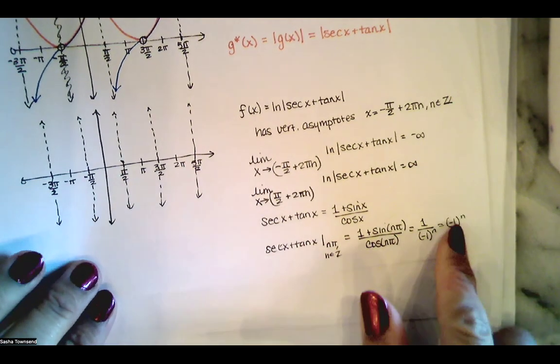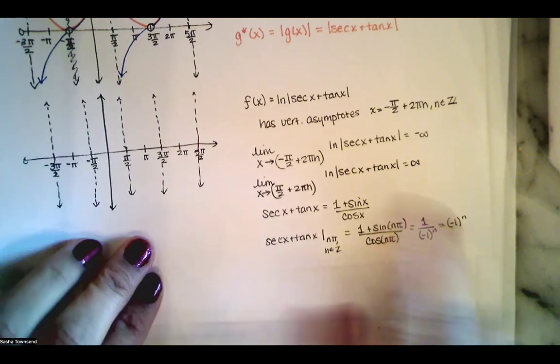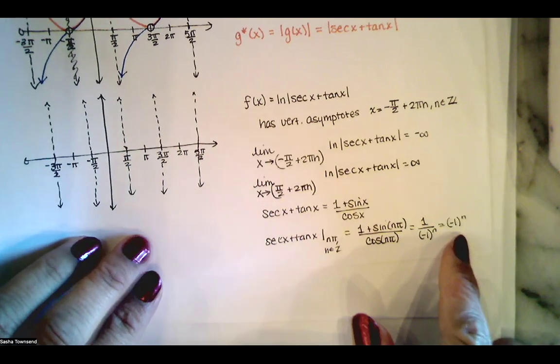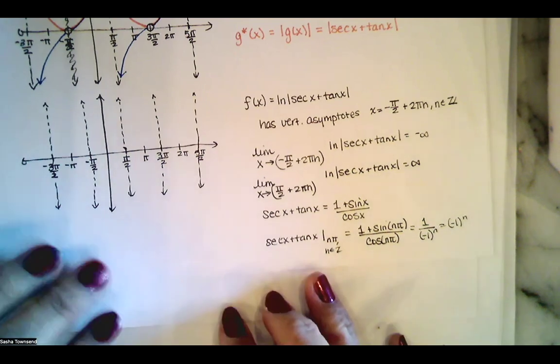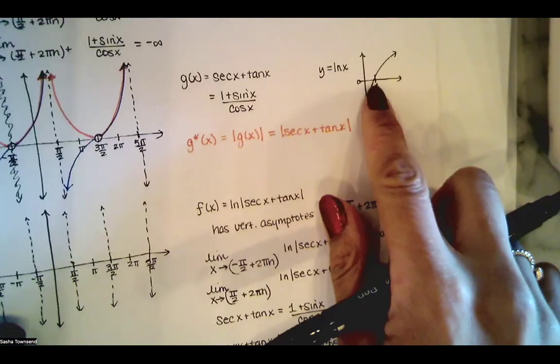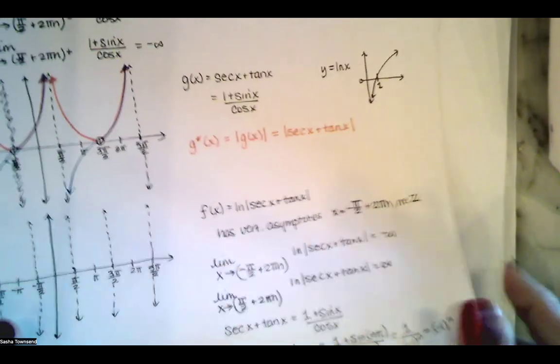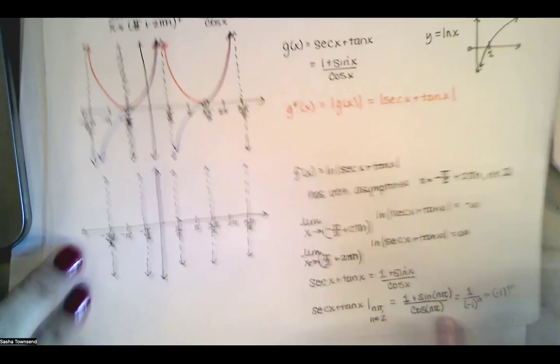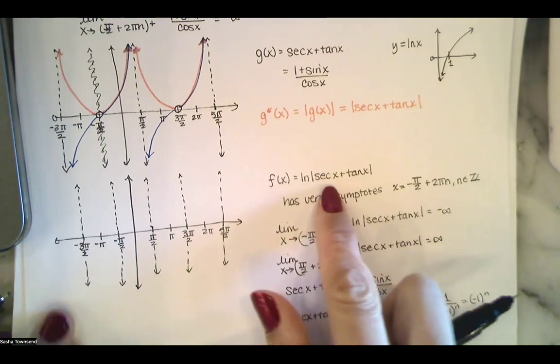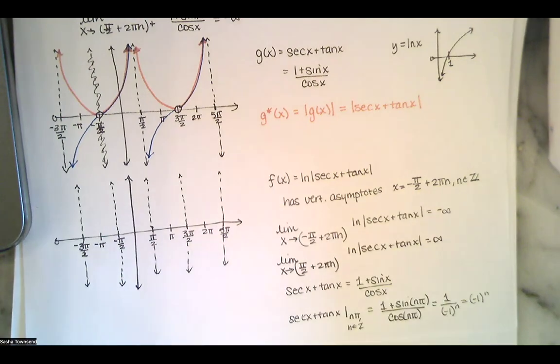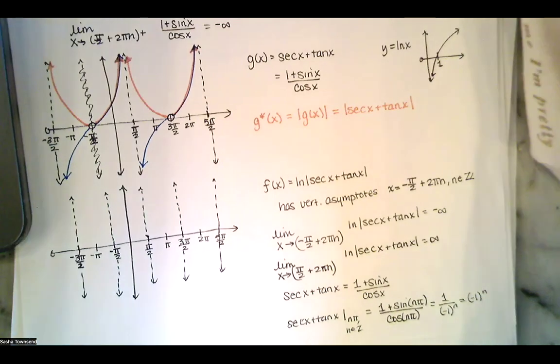We take the absolute value of that, we get 1. And then we take the natural log of 1, and so we get 0. Natural log of 1 is 0, e to the 0 is 1, right? So these function values for our f of x graph should be equal to 0 at all those multiples of pi.